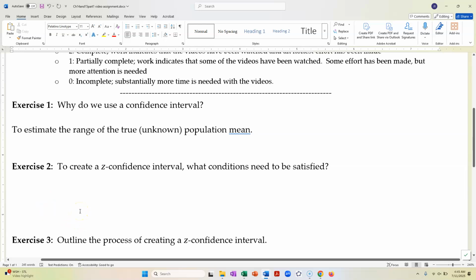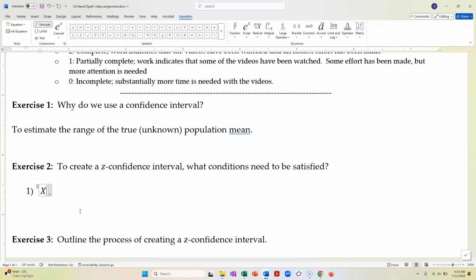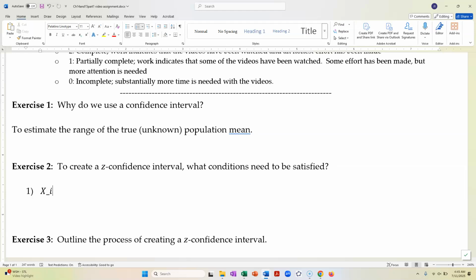Okay, and you're going to see these conditions pop up a lot. First, we need the observations, the x sub i's, to be IID. Okay, that stands for independent and identically distributed.